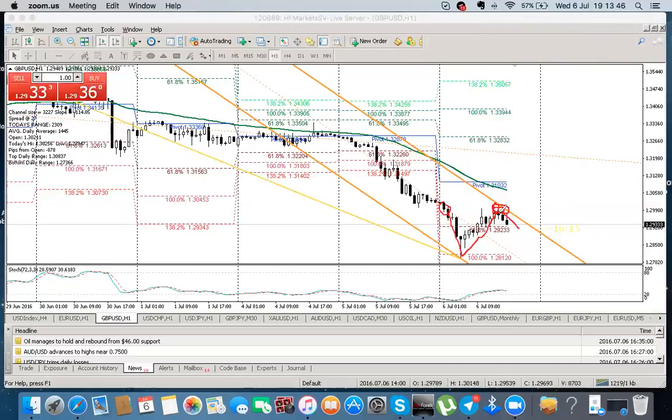So if you ask me now, as you said, we are in the downtrend and we want the best price to sell so that we can go with the trend. This is a good area to enter the sell.